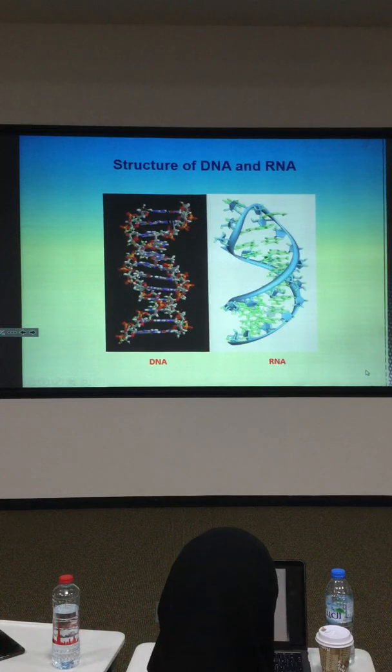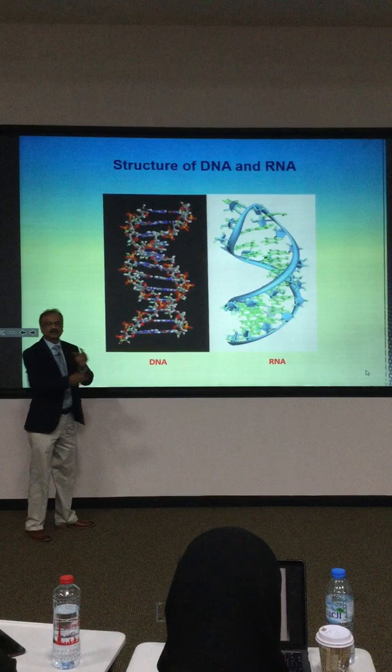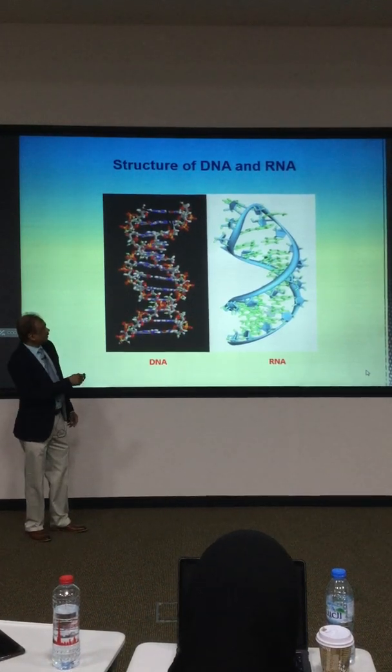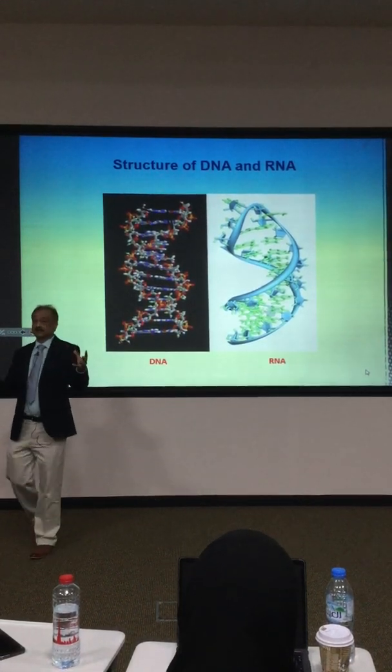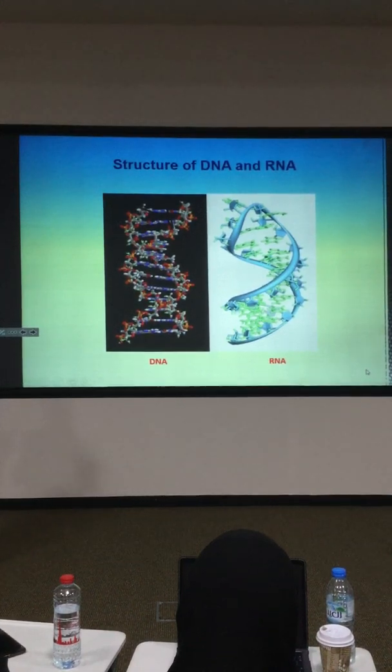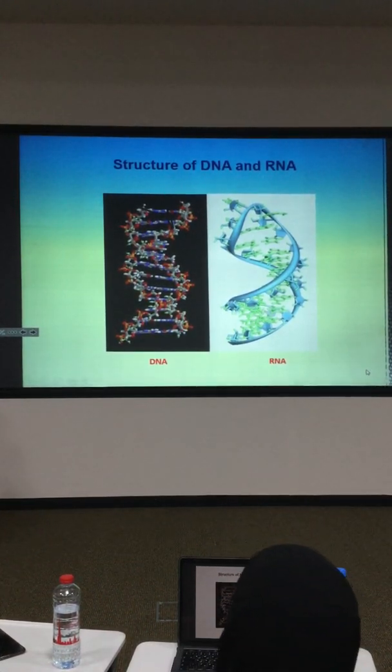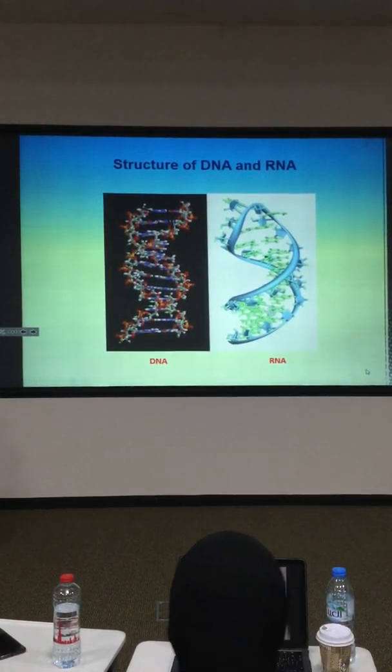If you look at the structure of DNA, it's like a ladder, a double helical ladder. In the case of RNA, this is a folded structure. Although they can form a double helix if there is some complementary structure within the RNA molecule.